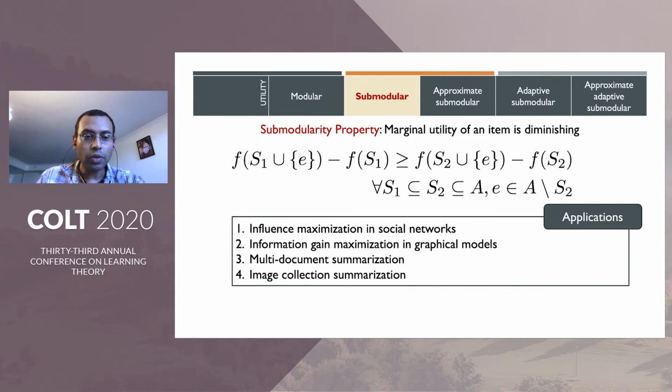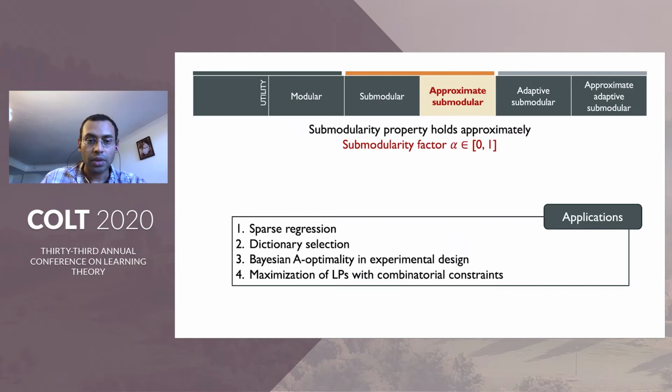And this marginal utility is going to be more than what you would have gotten if you had added E later on, after picking some more items. It wouldn't be as good as what you're getting right now. So adding now is better than adding later in terms of marginal utility for the same item. And there are many applications where the utility function turns out to be submodular.